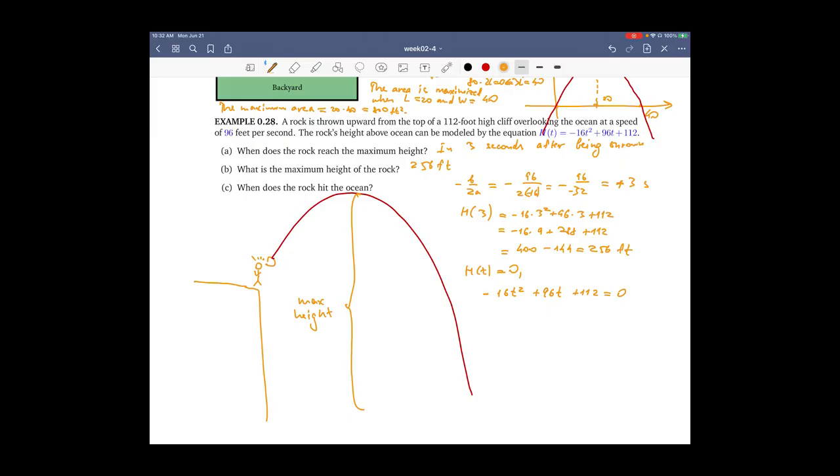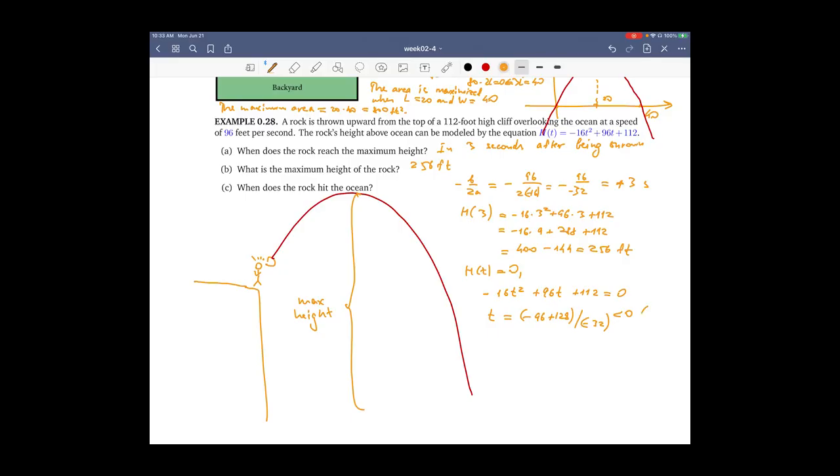And when you solve this quadratic equation, you will get two roots. One of them is negative 96 plus 128 over negative 32. That is a negative number. Time cannot be negative.